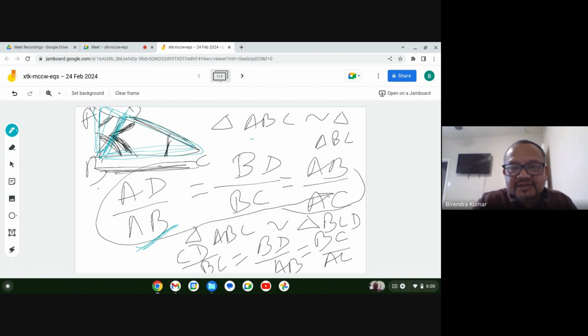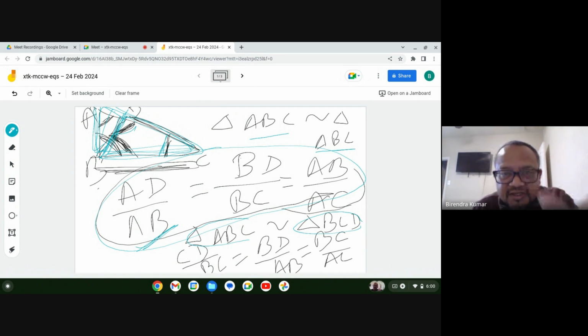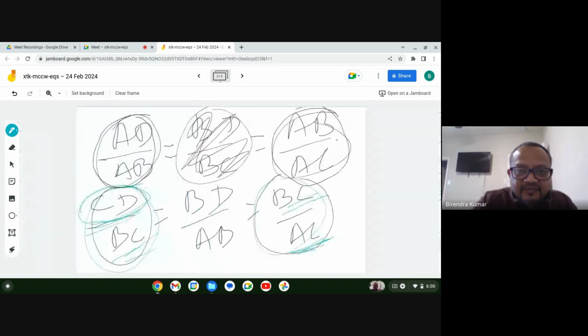So between the large triangle ABC and the triangle ABD, this is the formula we got, based on the property. Likewise, triangle ABC and triangle BCD were also found similar because the angles were common. This was 90 degrees, the third angle was matching. So this is what we got. Based on this, we just took the formulas out.